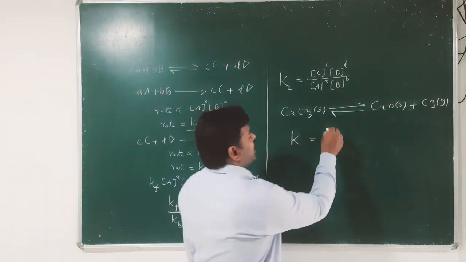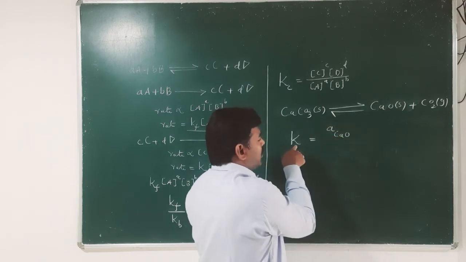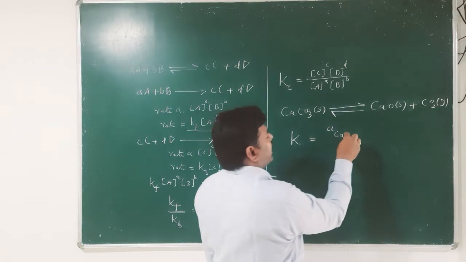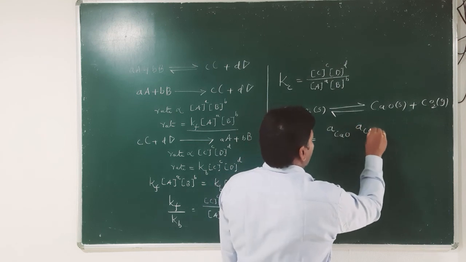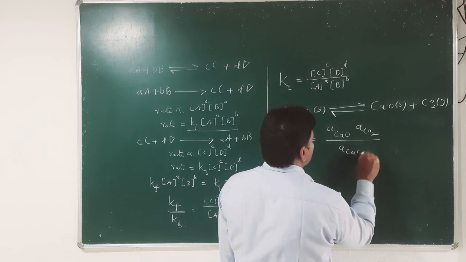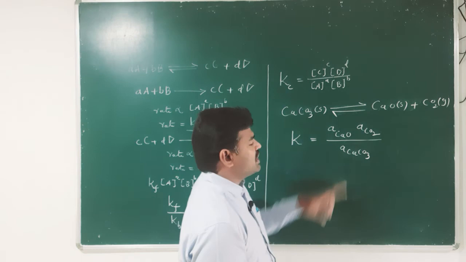Okay, so activity of calcium oxide. So equilibrium constant is the ratio of products to reactants. Okay, activity of calcium oxide and the activity of CO2 gas, and activity of CaCO3.